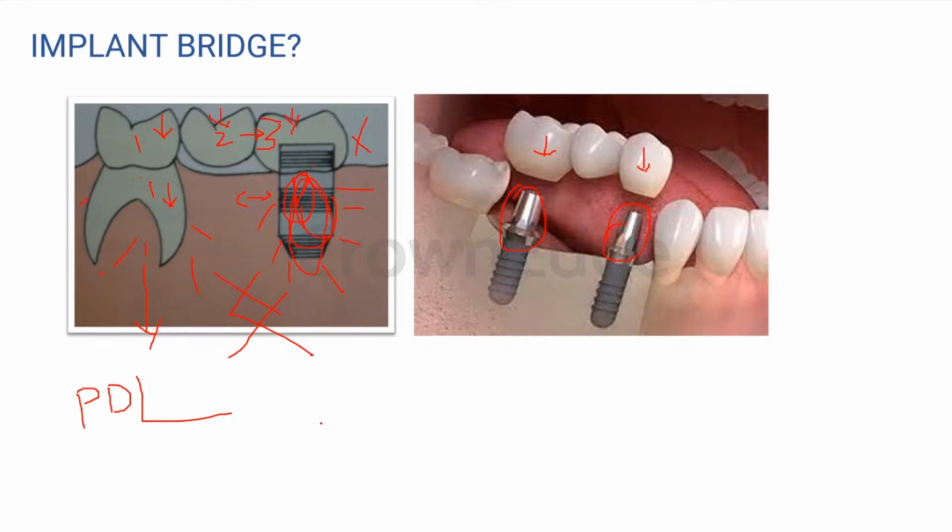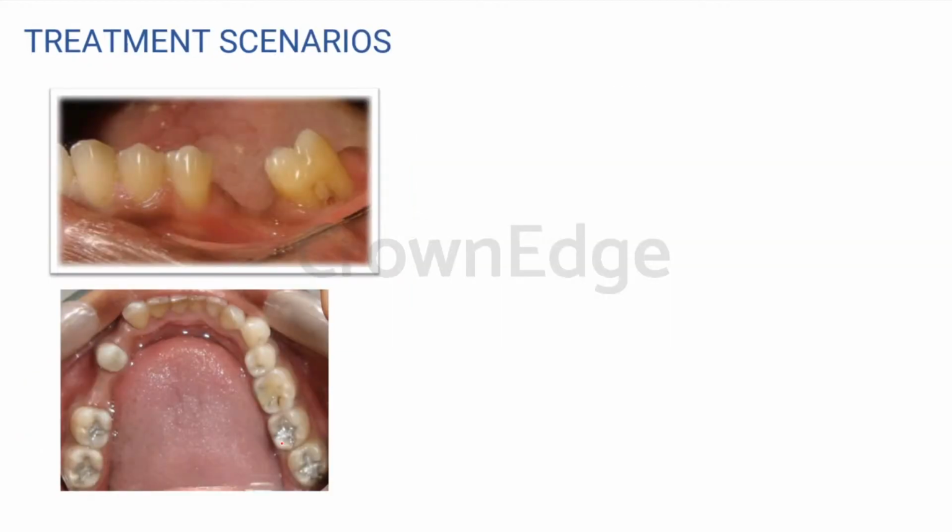You have to know in which scenario you're going to involve a tooth and in which scenario you're going to go for an implant. So please never ever bond this together. They will definitely fail. If you're asked a question like this, the main reason is that the implant does not have a PDL. Okay, so please be aware of this with regard to the implant bridge scenario.